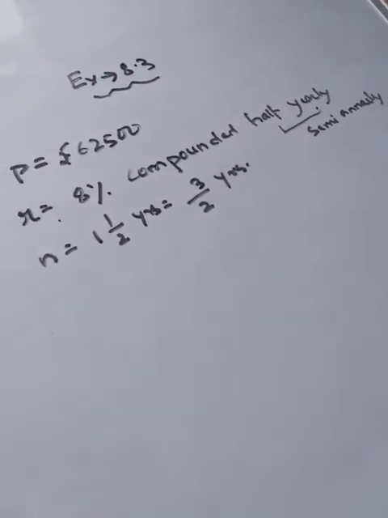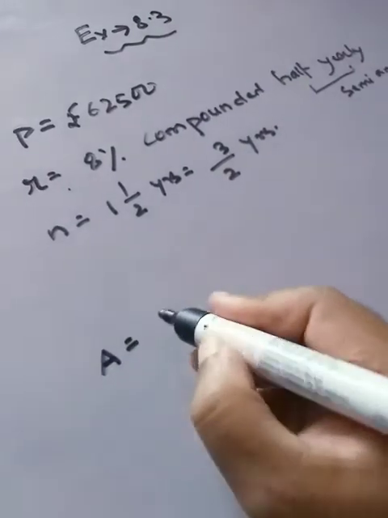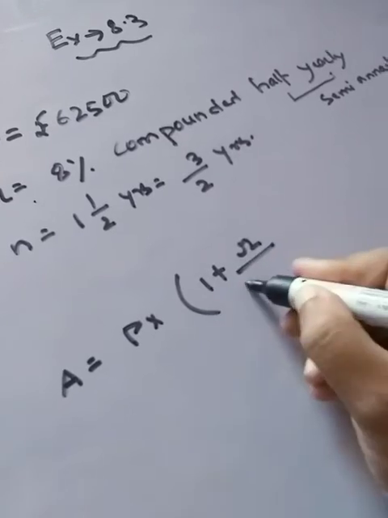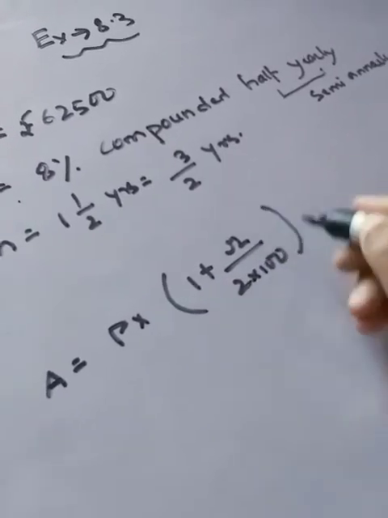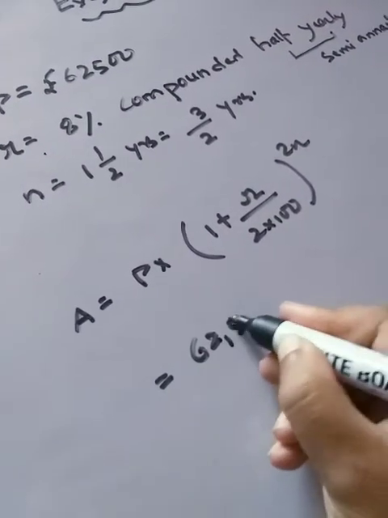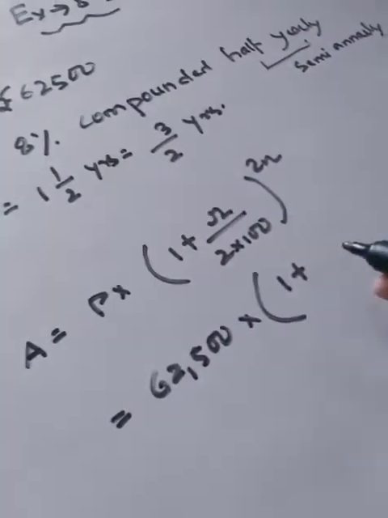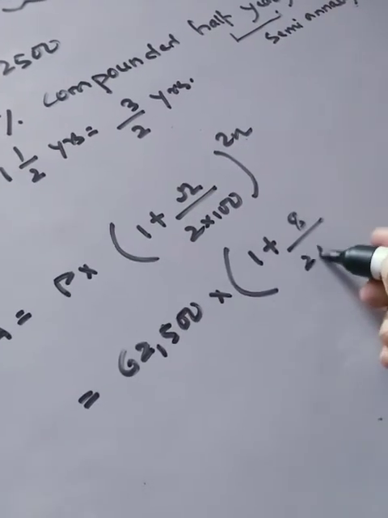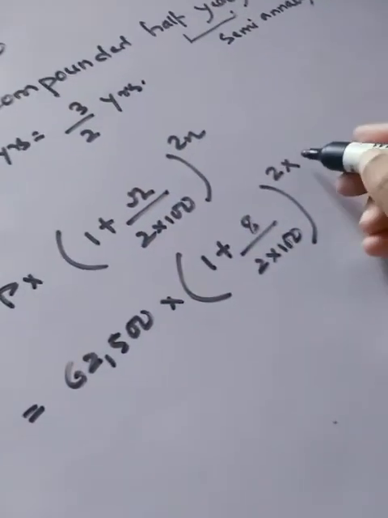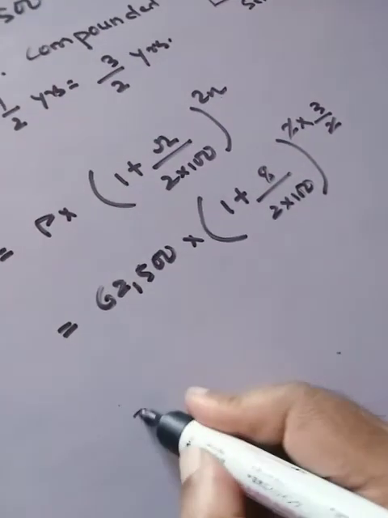This time we have to use the semi-annually formula. A equals P into (1 plus R upon 2 into 100) to the power 2n. Now we put in the values: 62,500, 1 plus R, which is 8, upon 2 into 100, to the power 2 into n, which is 3 by 2. Now this 2 will cancel.